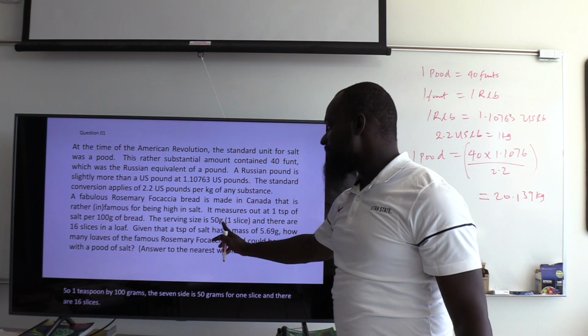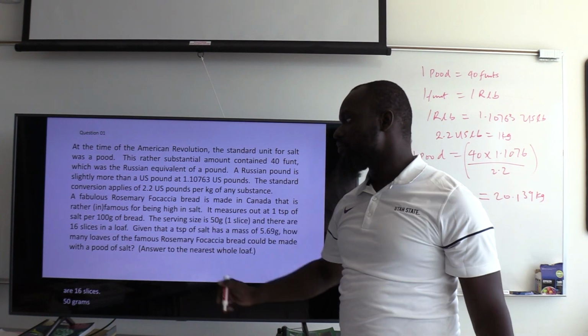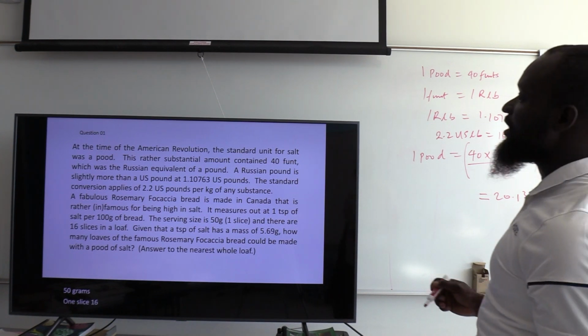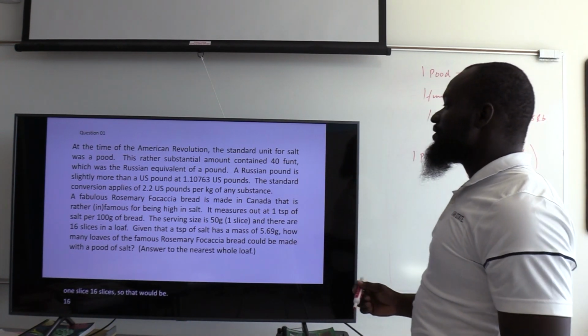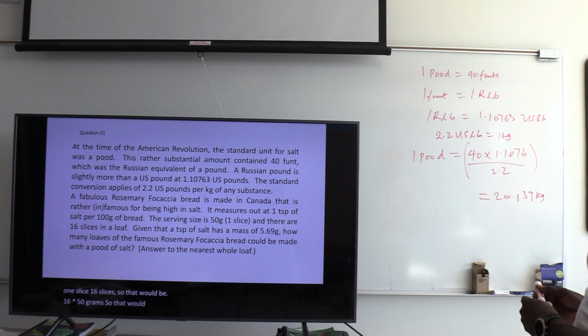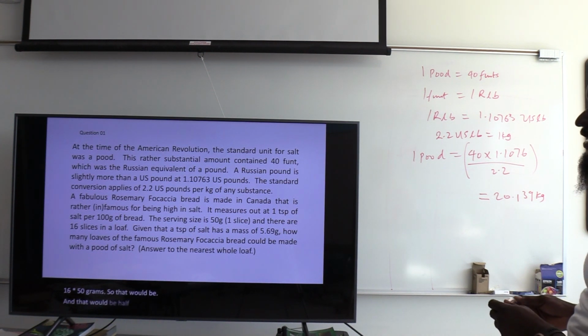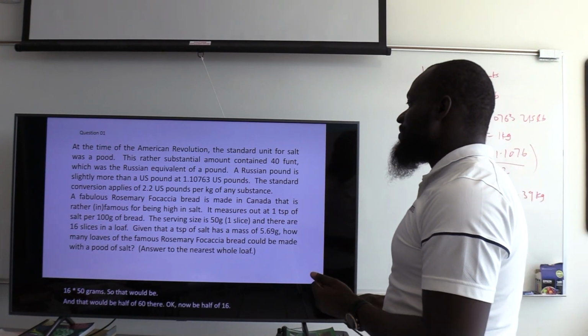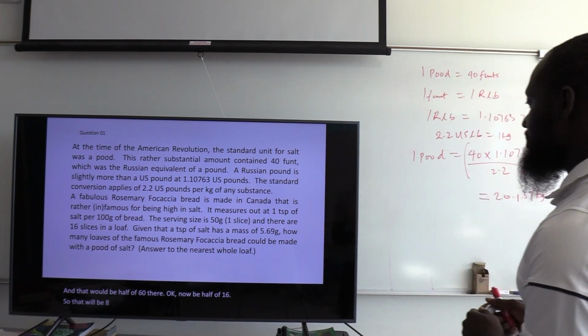So 50 grams for 1 slice, 16 slices. So that will be 16 times 50 grams, which is half of 1600. That will be 800 grams.